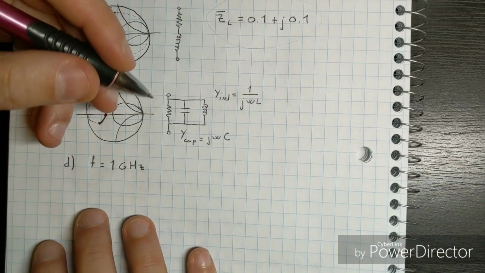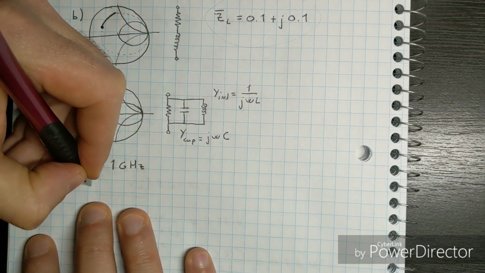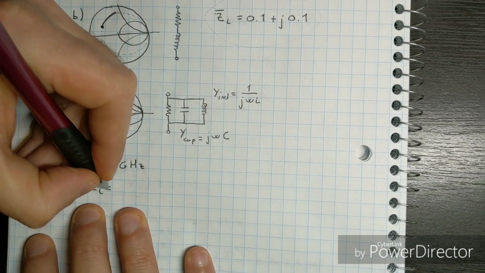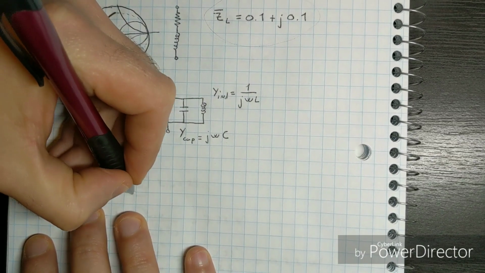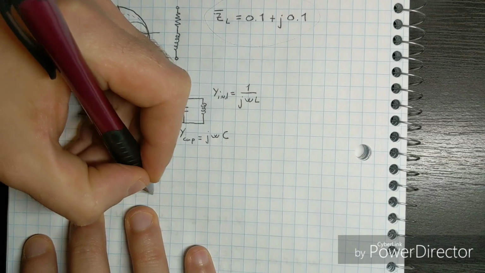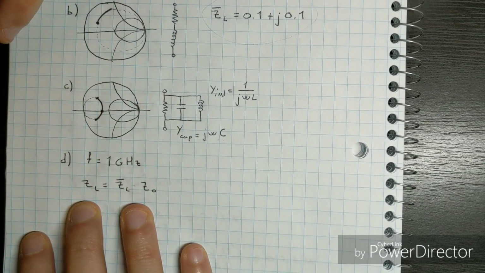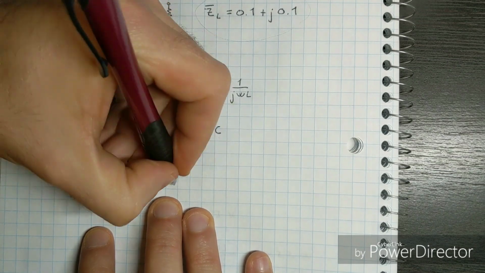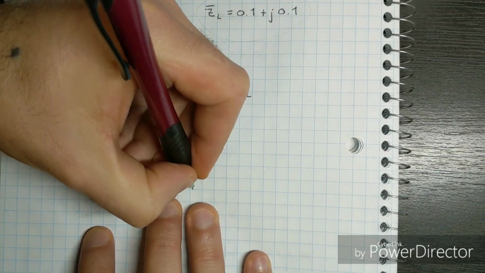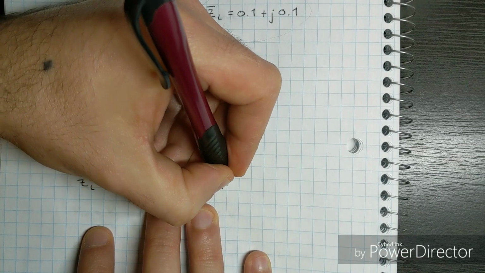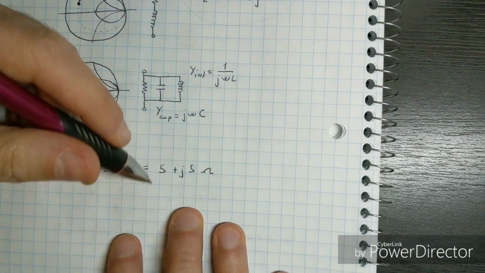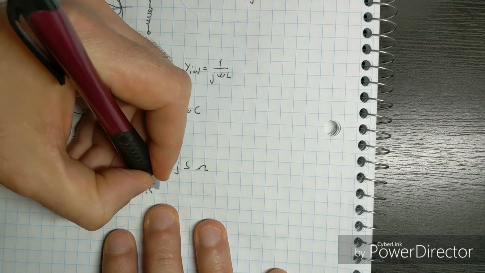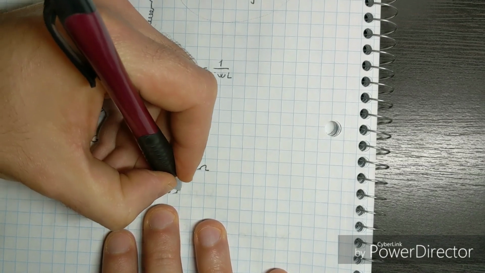So we can calculate that by normalizing first. So Z_L is going to be equal to the normalized value times Z naught. We haven't been told what Z naught is, so we're assuming it's 50 ohm. So we have 5 plus j5 ohm. Immediately from here, we know that the value of the resistor R is going to be 5 ohm.